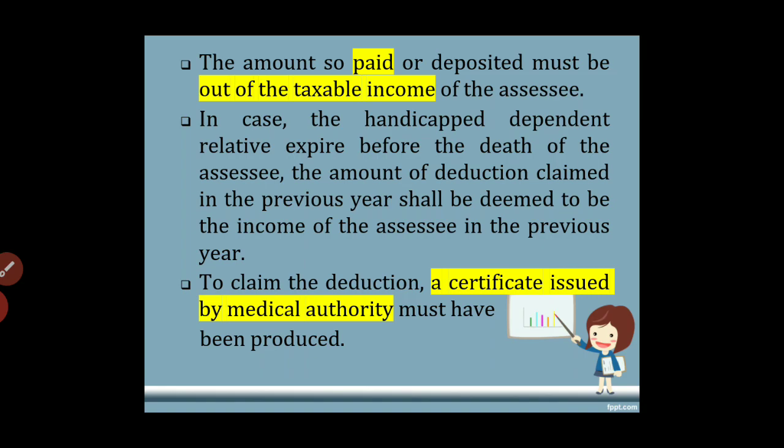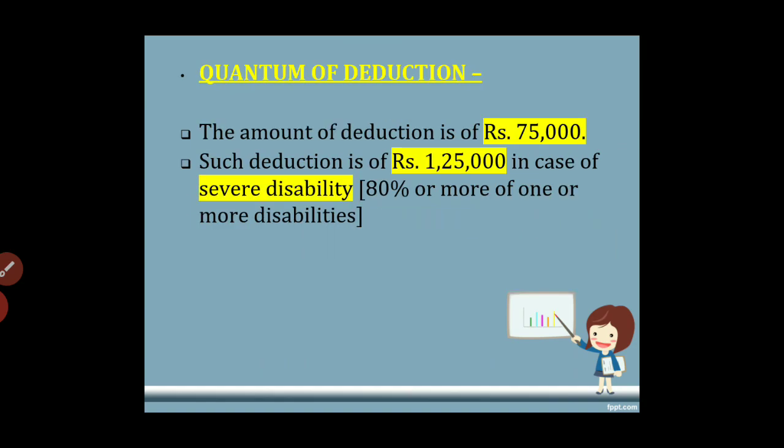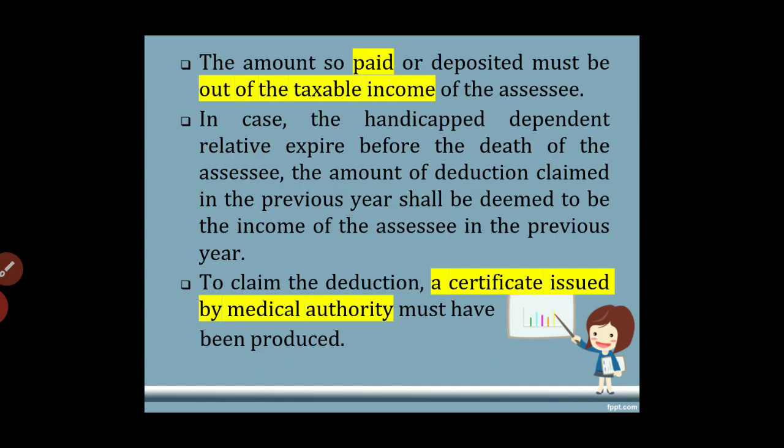So such a medical certificate must be issued by the medical authority. Then and then you can present this certificate in your IT return and claim the deduction of that amount. તો જ પછી તમે એમનું ડિડક્શન છે એ મેળવી શકો છો, because you are presenting it as a proof, right? Okay, now these are the basic conditions.